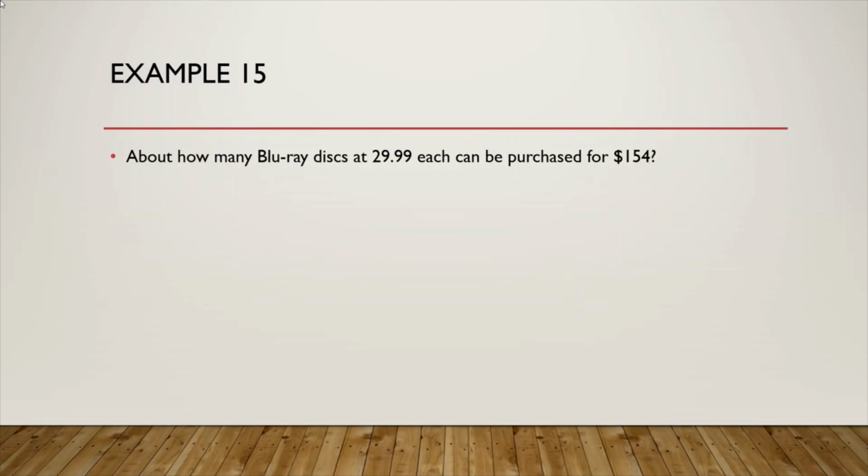Now, what if you have something like this? You can round to make things easier. You can also just do this in your calculator, but let me show you how you would do this by estimation. So I have about how many Blu-ray discs at $29.99 each can be purchased for $154.